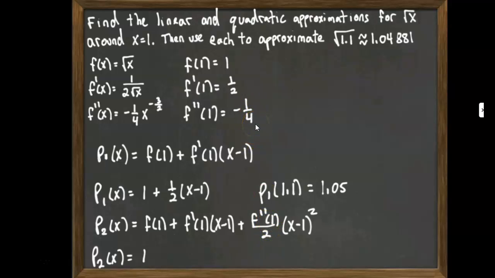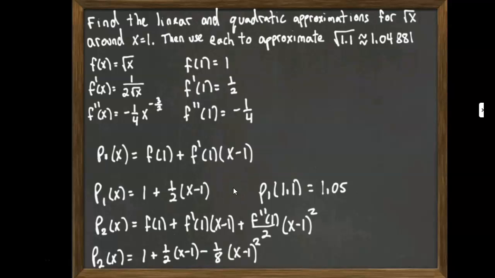So we get P2 of x is 1 plus 1/2 times x minus 1 minus 1/8 times x minus 1 squared. So notice here how P1 is actually an over approximation. It's bigger. So P2 is actually taking off the next term, so it's going to get smaller. It's going to give us a value that's at least smaller than the 1.05 answer.